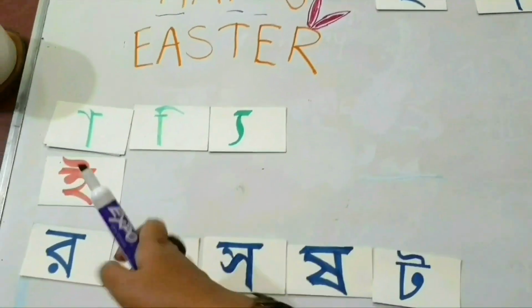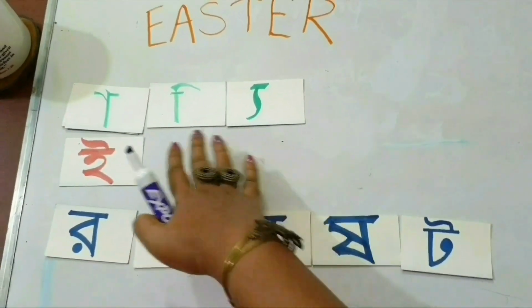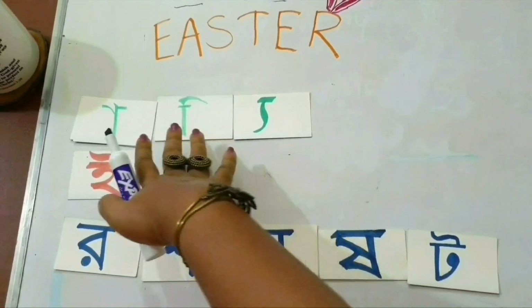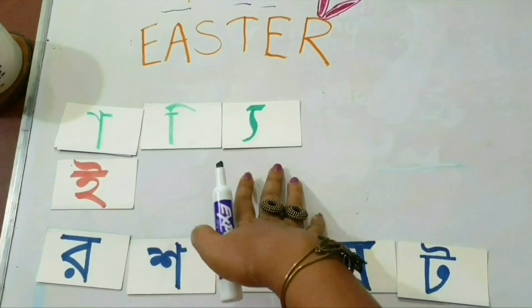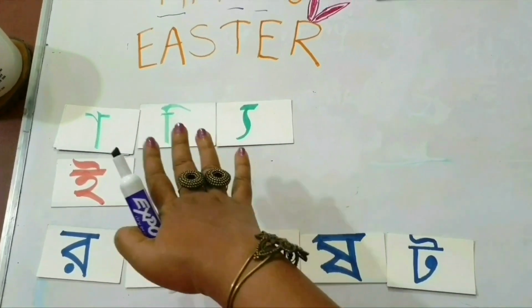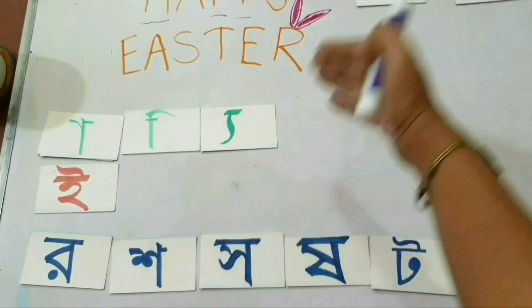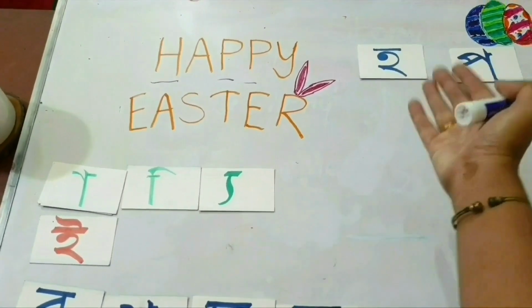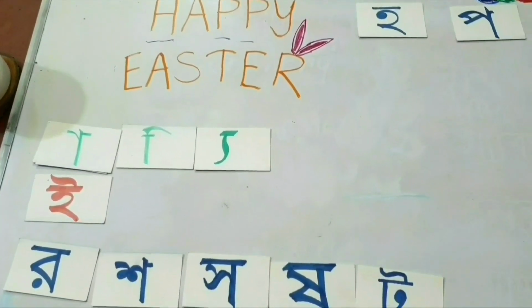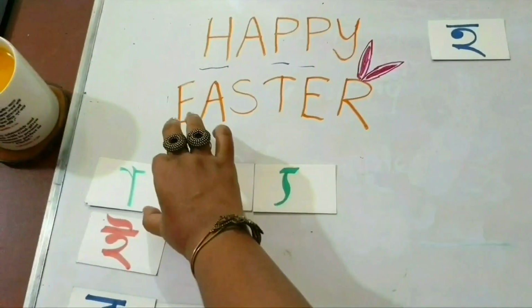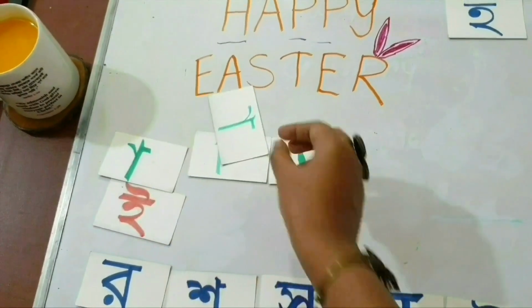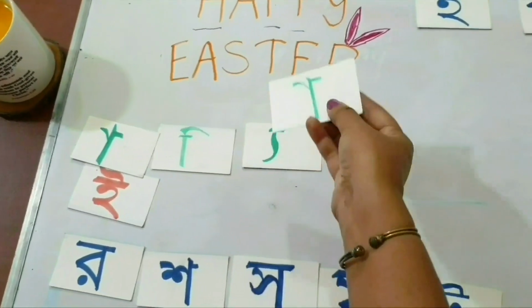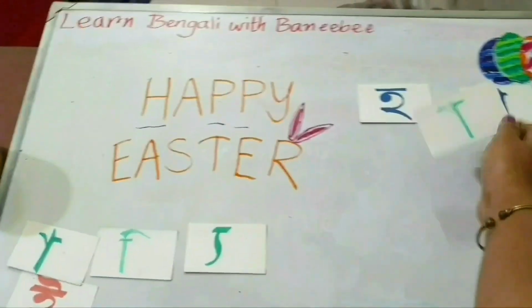Let's make it happy. And we know these green ones are the vowel signs. These are also known as helping vowels, okay? So we will need these helping vowels to make this ha, or he, okay? So this one is a vowel sign.